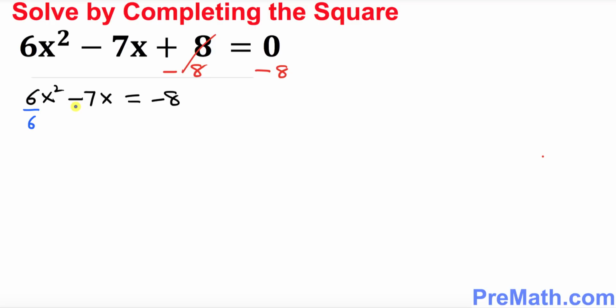So 6 over 6 equals 1x squared. Make sure we always have a 1 as a leading coefficient. Minus 7 over 6x equals -8 over 6, which can be reduced to -4/3.